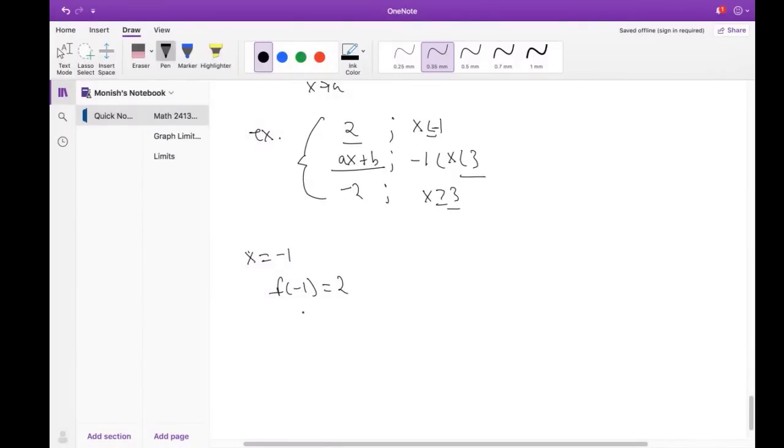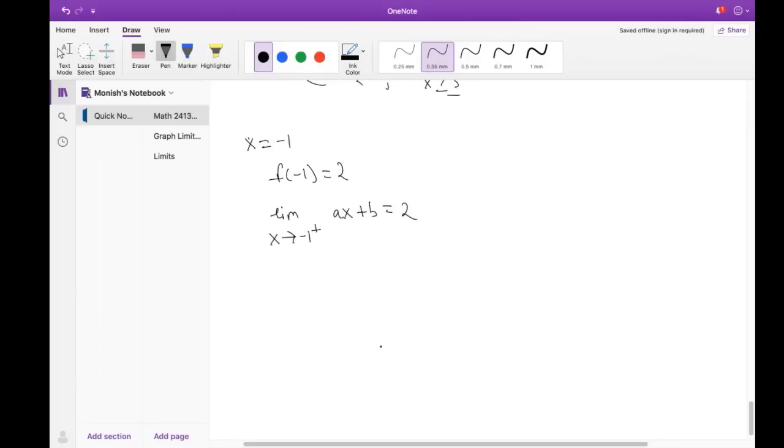So we need to make sure that the limit as x approaches -1 from the right of ax plus b is also equal to 2. That's just the quick setup for that.